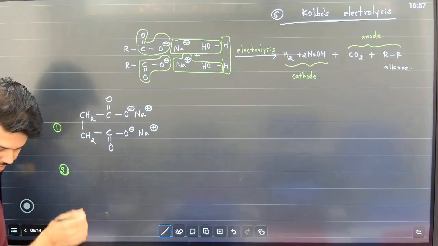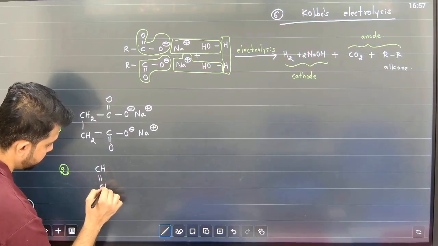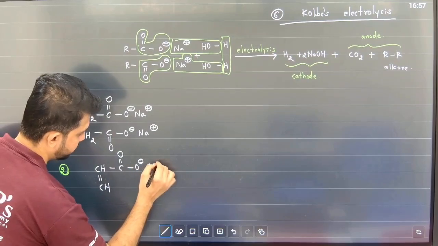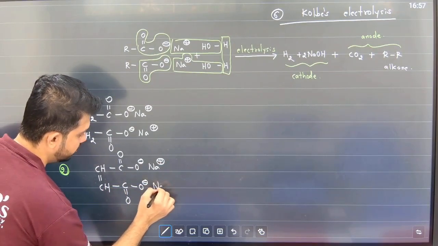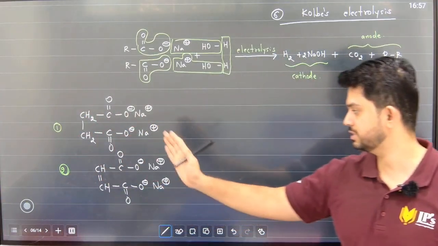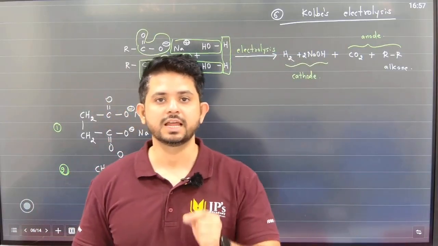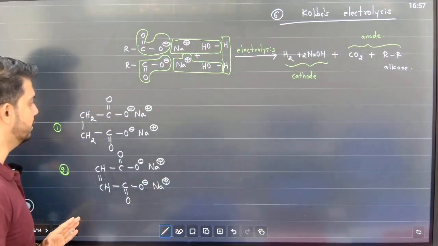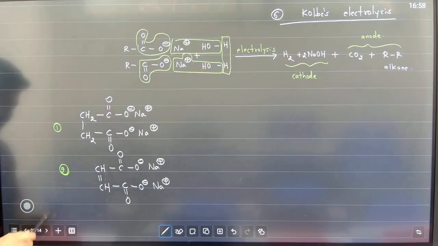And let's say for example we take sodium malate. So what if we perform the electrolysis of these two salts, succinate and sodium malate? If you perform Kolbe's electrolysis for these two salts, let me know in the comment section what is the product that we're going to get at the cathode and at the anode.